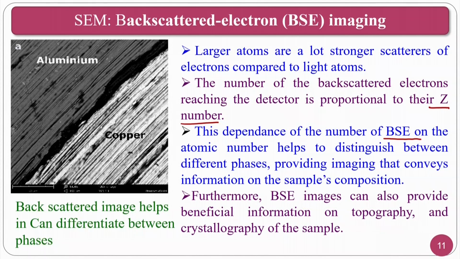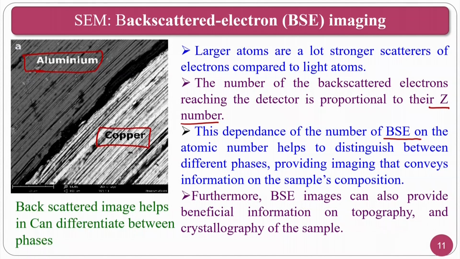If I am doing machining on an alloy where copper and aluminum are a part, and I want to check what phases are available on the surface, I should take the backscattered image, so that you can differentiate aluminum and copper.